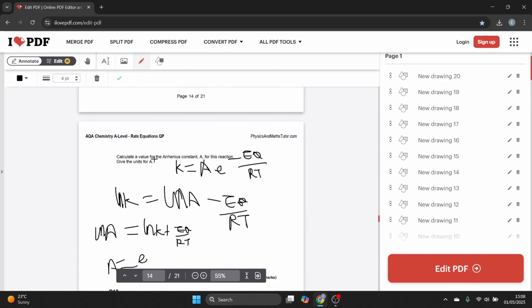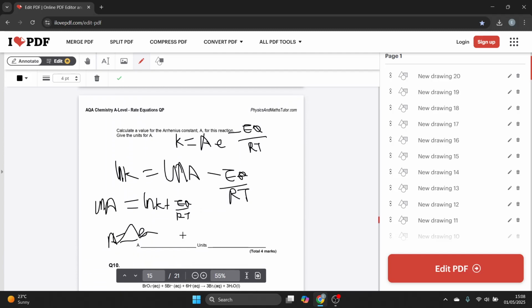Then I get ln A equals 21.667. A equals e to the power of that.